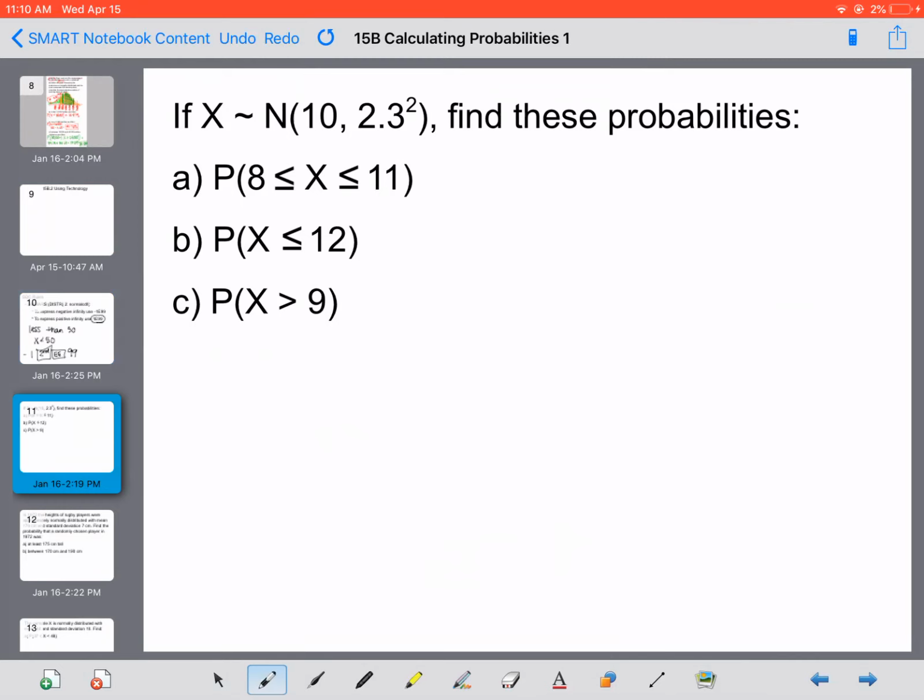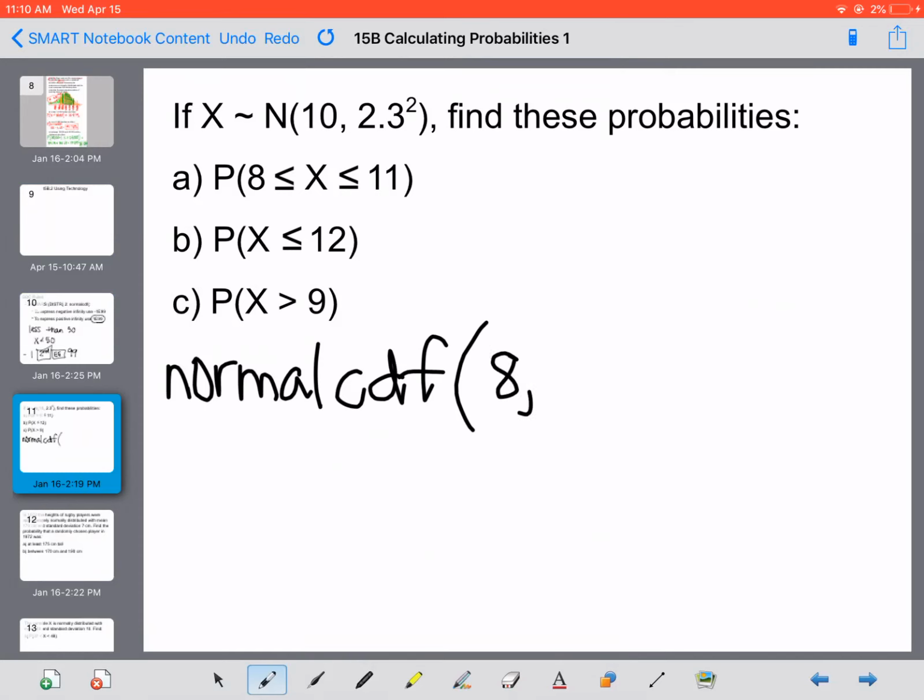So for part A, I'm falling between 8 and 11 on this problem. So for your GDC, you're going to go second vars, number 2, which is normal CDF, and then if you're on an 83, you're just going to type these numbers in.